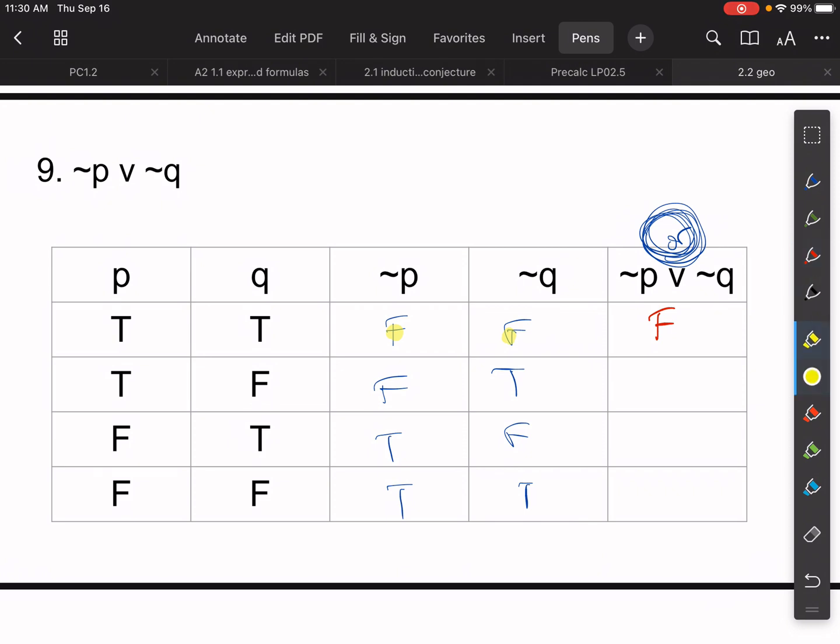The rest of these have a truth in them, so there's a true here, two truths here. Since this is an or, these will all be true. And I just call it the truth table, which helps us figure out different scenarios of what could be true and false with pieces of information.